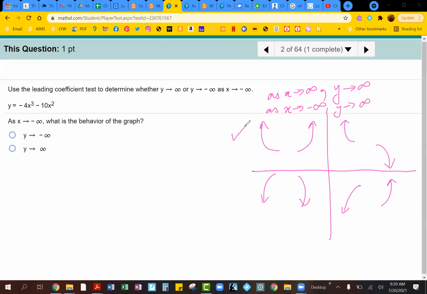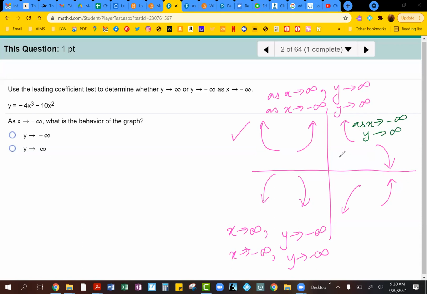So that's this guy. This one here will be, basically it doesn't matter if x is going to positive or negative infinity, your y is always going towards negative infinity. And then, of course, it changes over here. This one will say as x goes to negative infinity, y goes to positive infinity.